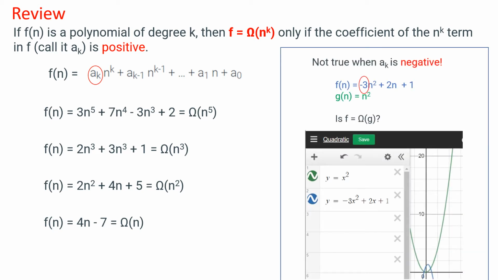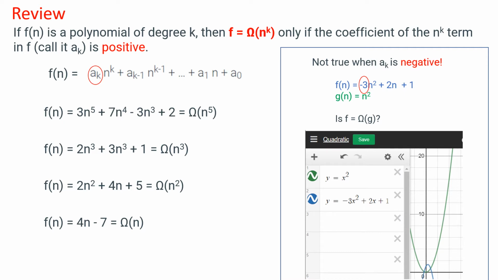Now, as we said, it's not true when the leading coefficient is negative. Here's an example of two functions, one just being x squared, and you can see the graphs over here, but we'll be talking about a function in terms of n since we're in the discrete situation. But if we did go into the continuous situation, you'd see what we have here in the picture. And you see that the blue would be the f that we're looking to see if a multiple of g could be a lower bound.